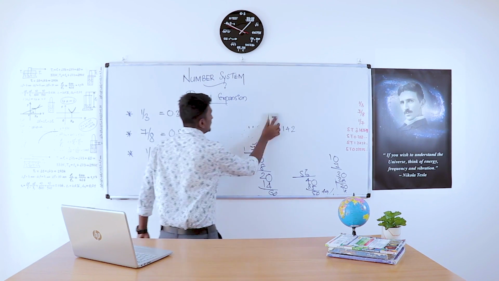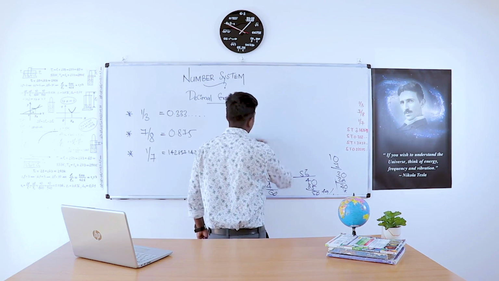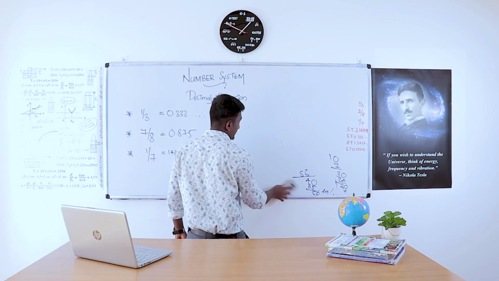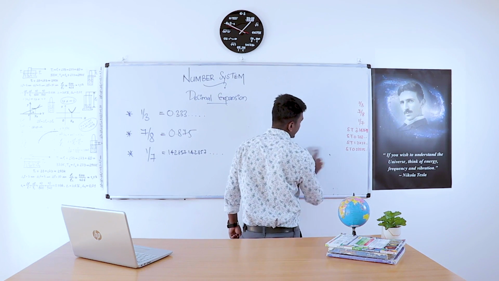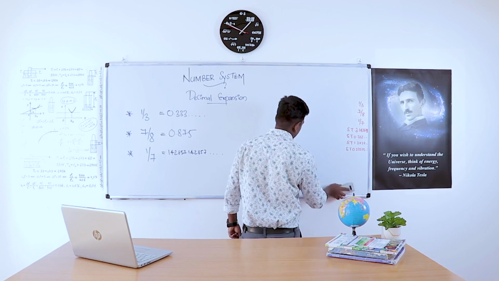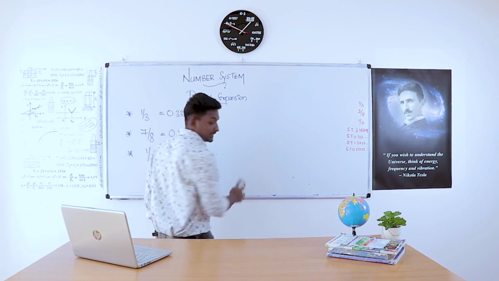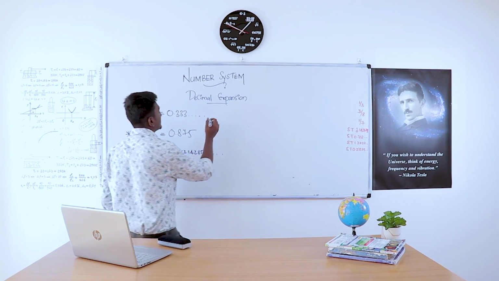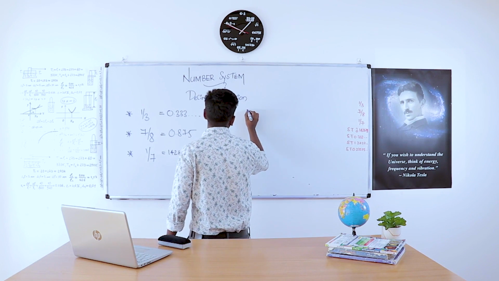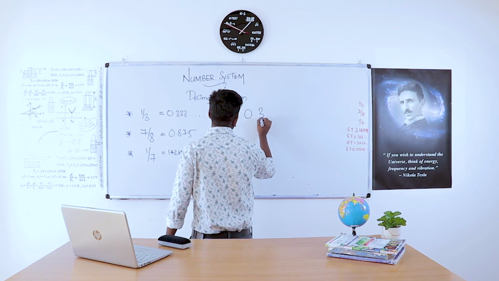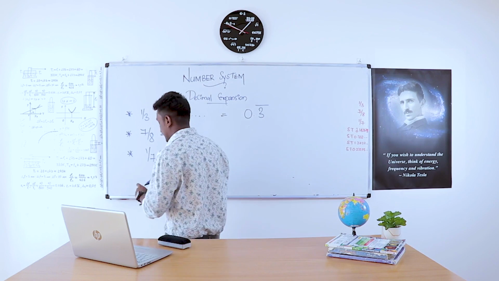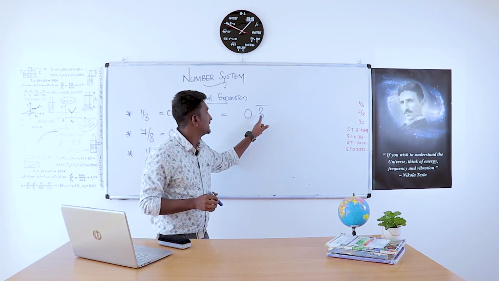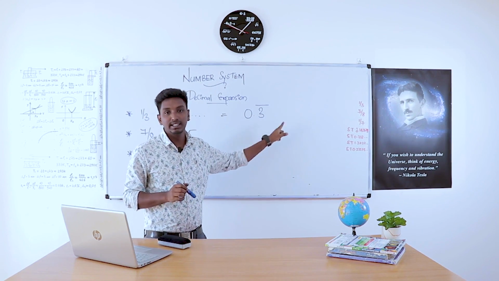Now look at the decimal expansion here. For 1 by 3 it is 0.33333 and continues like a pattern. For decimals continuing like a pattern, we can write 0.3 bar. This bar shows that 3 is repeating again and again like a series.